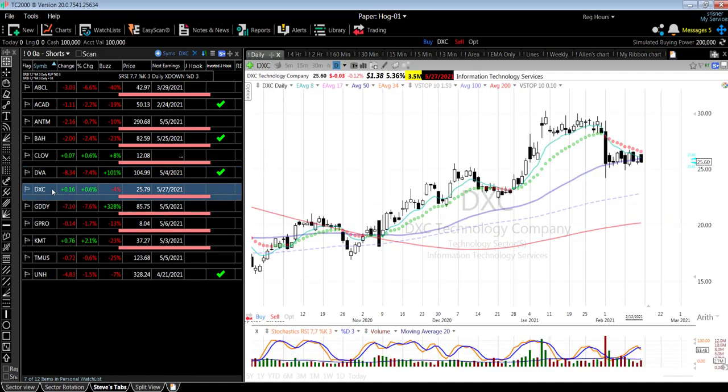Let's look at DXC, DX Technology. We're doing a nice consolidation here. And every time I see a consolidation, I think of a pop out of the box or a poop out of the box. So we could go one of two ways. We could go up, or we could go down.